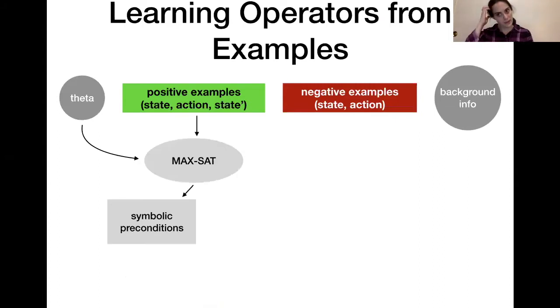There are two main components of the learner. The first uses maxsat and the theta value to determine the precondition fluents using the positive examples, and then also uses those to extract the effect fluents from the positive examples as well.